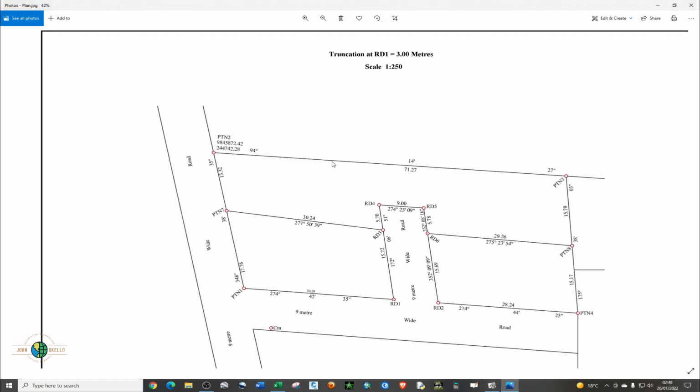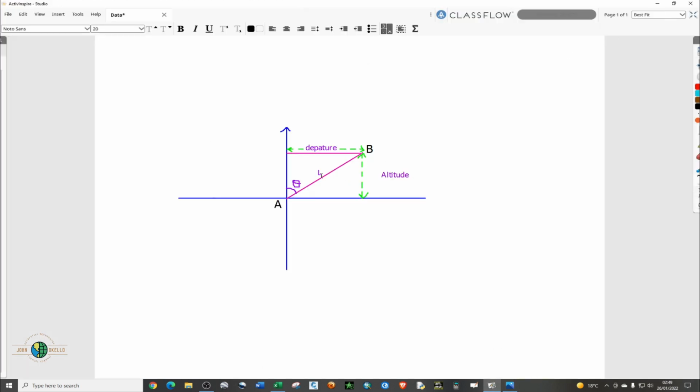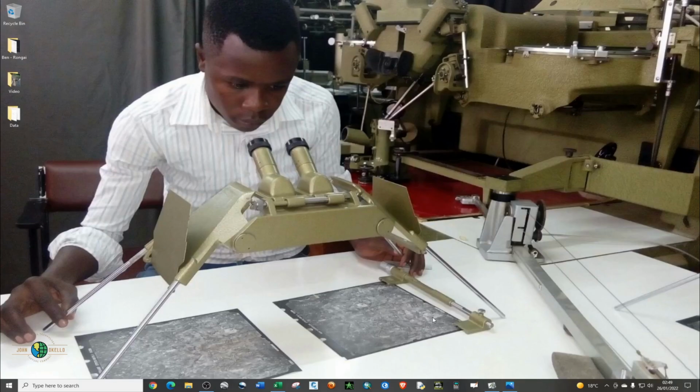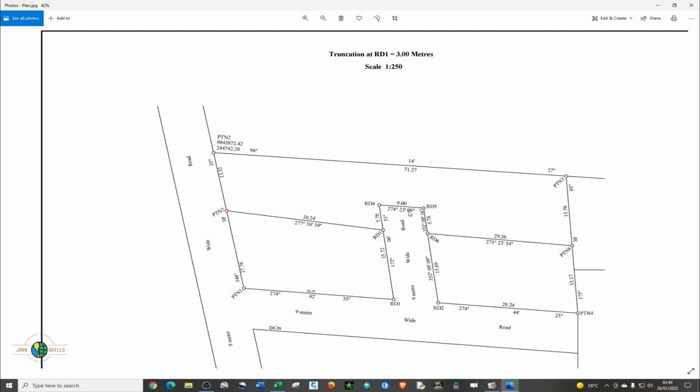Here we have the bearing 94 degrees, 14 minutes and 27 seconds, and we have the distance from point PTN2 to PTN3, which is 71.27 meters. So this L represents the 71.27 meters, and the theta is the 94 degrees, 14 minutes and 27 seconds. So that's the technique that we're going to use.